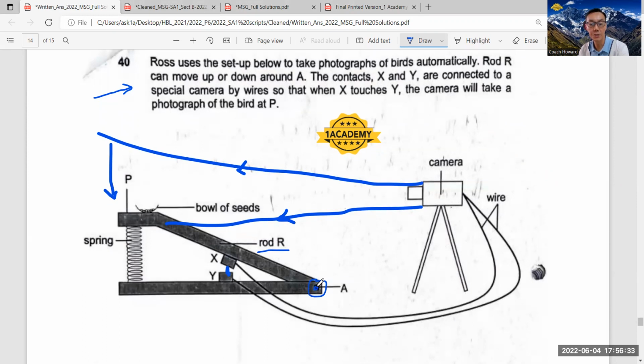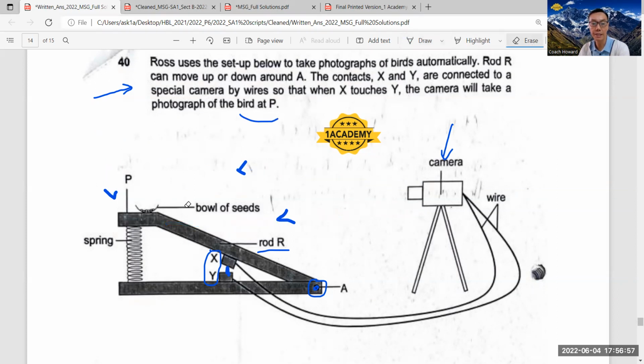There's a screw down here around A. The contacts X and Y here are connected to a special camera by wires, so that when X touches Y, the camera will take a photograph of the bird at P. So this is what happens if I remove all the annotation. You try to visualize what happened.